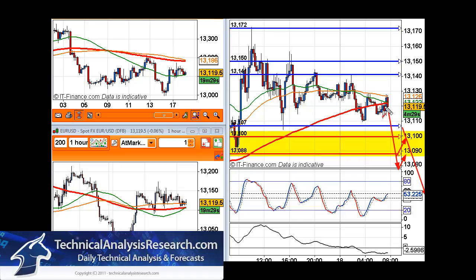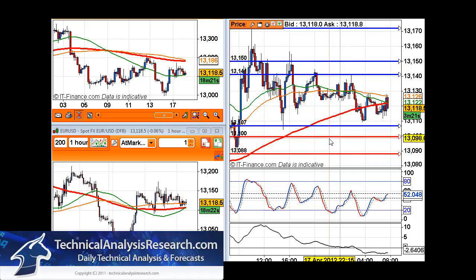So to sell the euro dollar today, we'd have to see a break of the 130.88, then a pullback to either the 130.88 or within that yellow zone there, and then get the sell signal. Okay, so breakout, pullback, continuation to short the market.